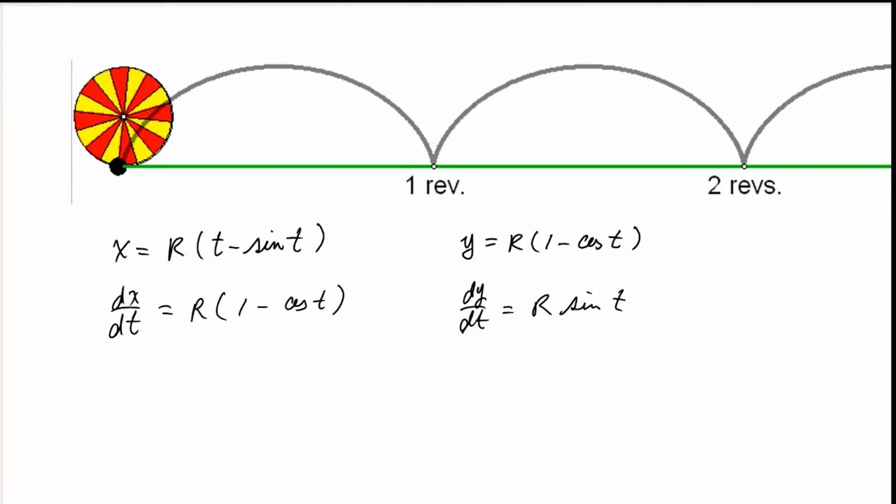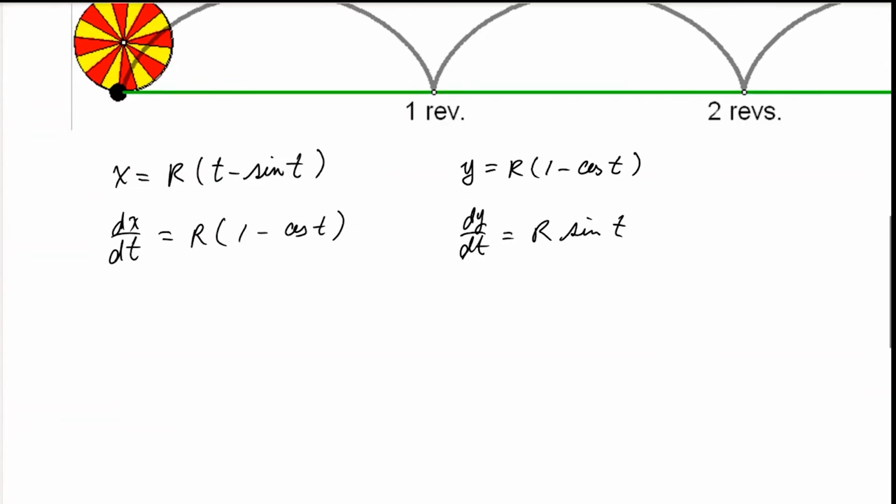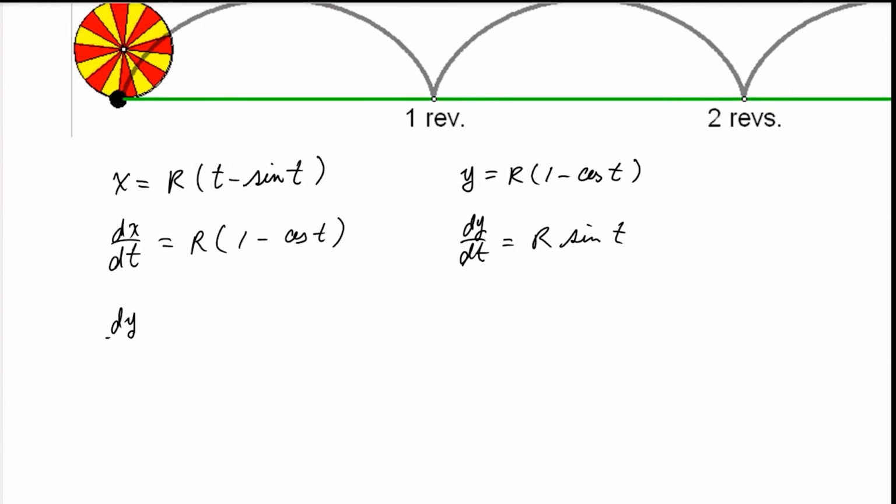You agree? Okay. Then, of course, dy over dx is dy over dt over dx over dt, eh? Which is, if you simplify, sine t over 1 minus cosine t. How about that?